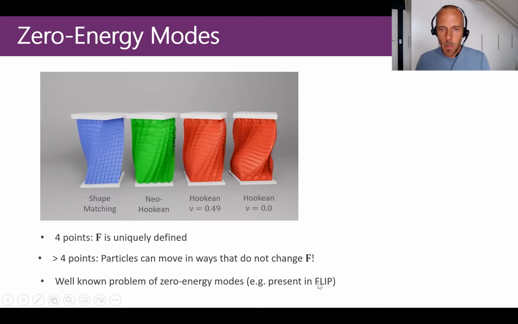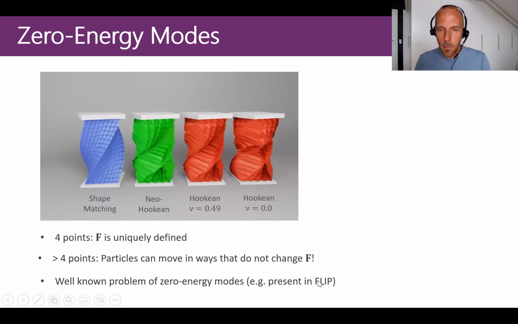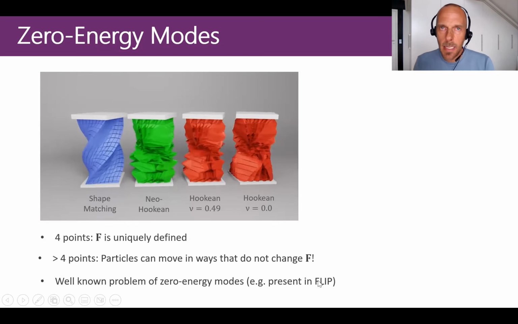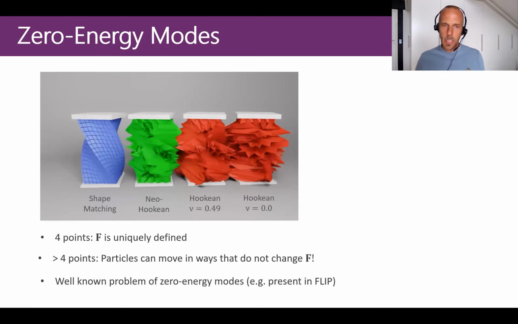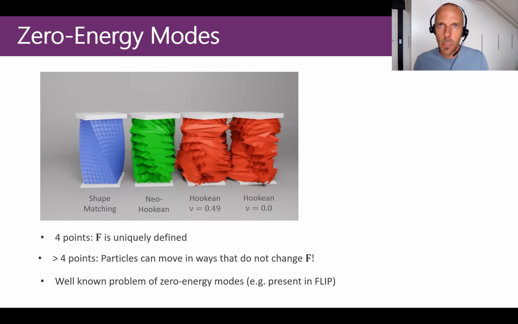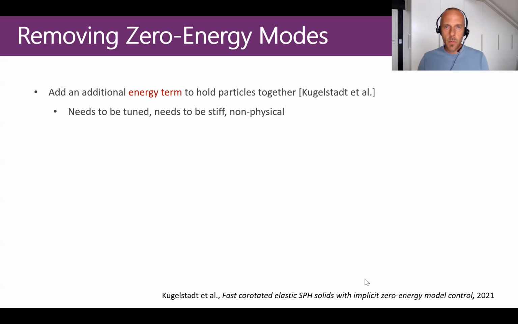And you have the same problem, for instance, in FLIP simulations, because there are also many more particles than degrees of freedom of a surrounding cell. And then you can have configurations of particles that do not introduce a divergence term on the grid. So this is a well-known problem, and there are many ways to fix it.